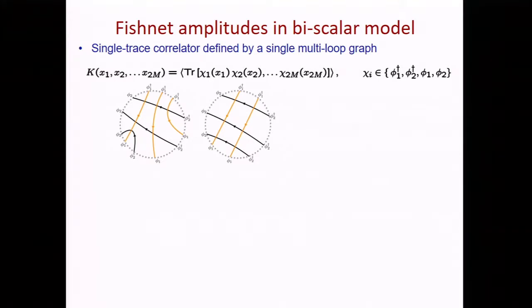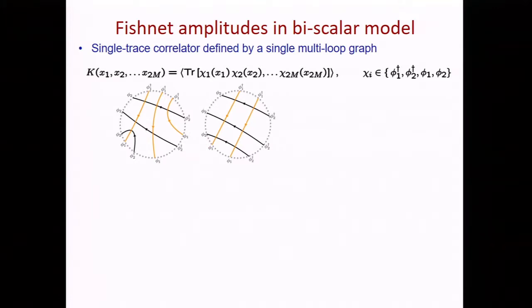Then there is either one way to connect them or no way at all. For example, if you interchange these 2 fields, phi1 daggers, then there is no such diagram. And each crossing is of course a 4D integration. It's a multi-loop diagram, and the number of loops depends on the ordering of fields. So it's curious.